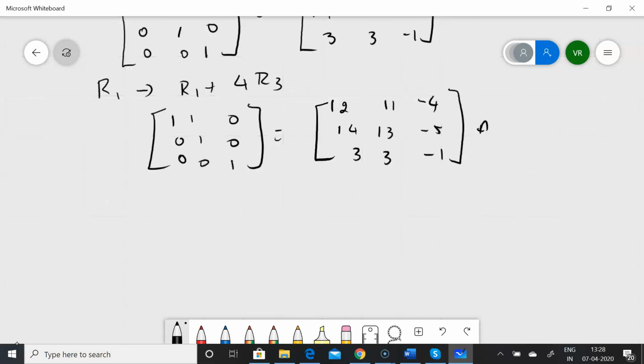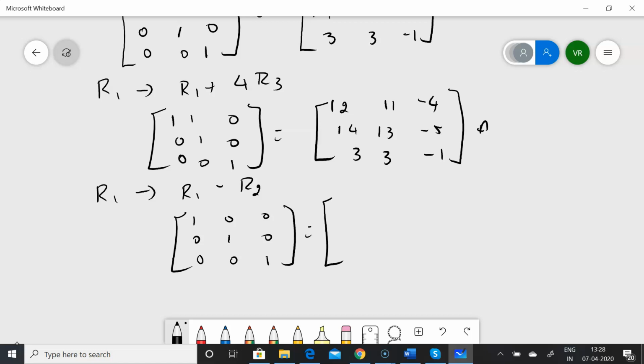And finally, R1 is R1 minus R2, which is nothing but 1, 0, 0, 0, 1, 0, 0, 0, 1, which is equal to minus 2, 1, 14, 13, minus 5, 3, 3, minus 1.